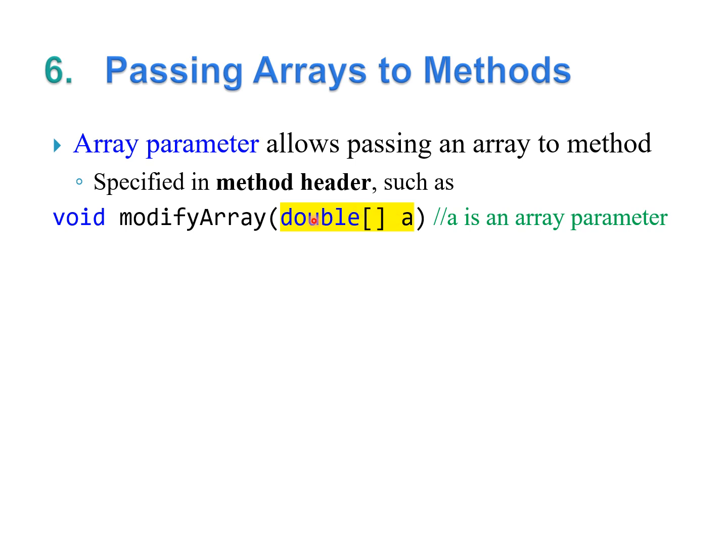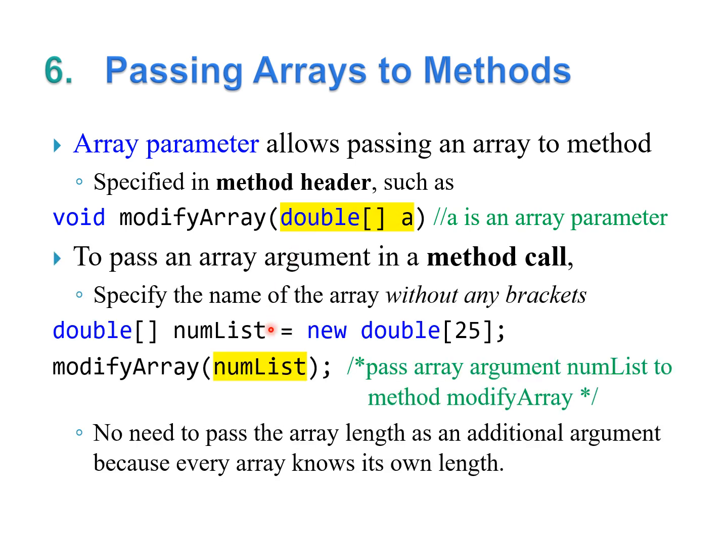To pass an array argument in a method call, we specify the name of the array without any brackets. For example, suppose array numList of double elements has been declared and created, and the method modifyArray has been declared to accept an array parameter of double elements.